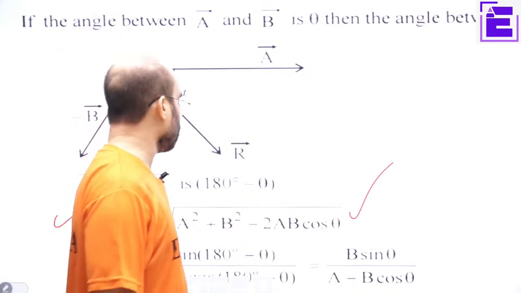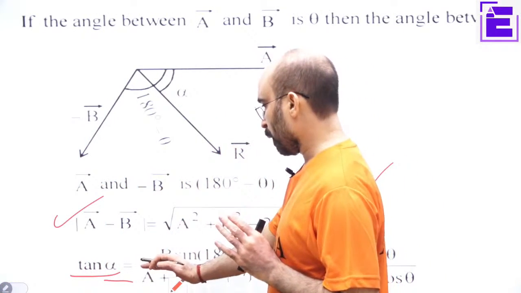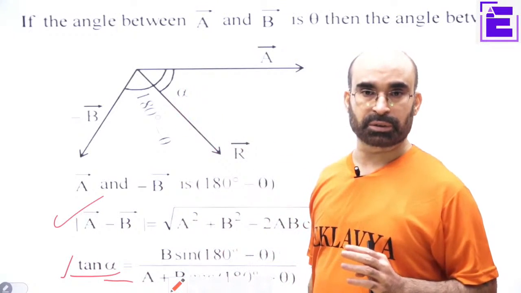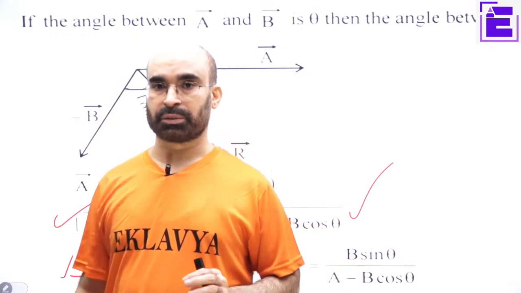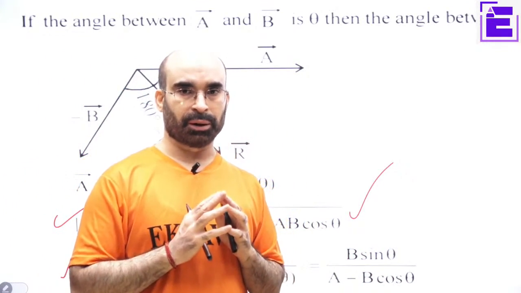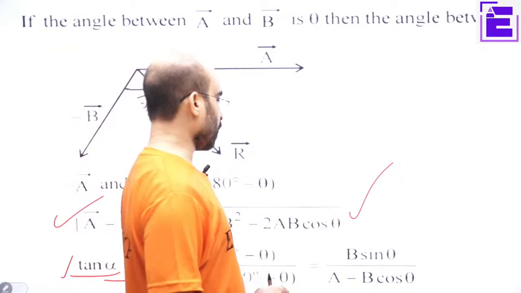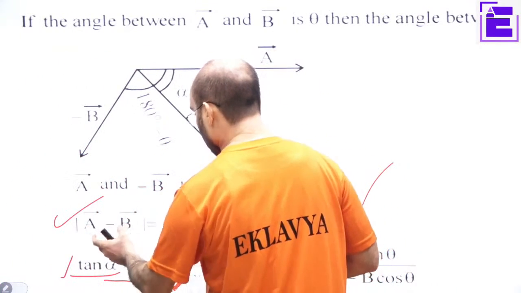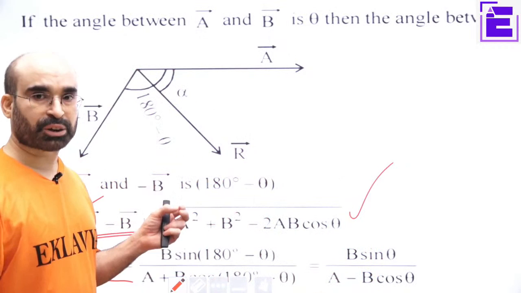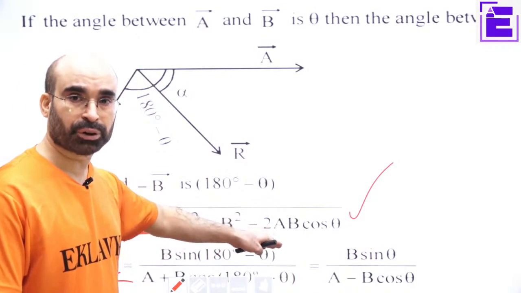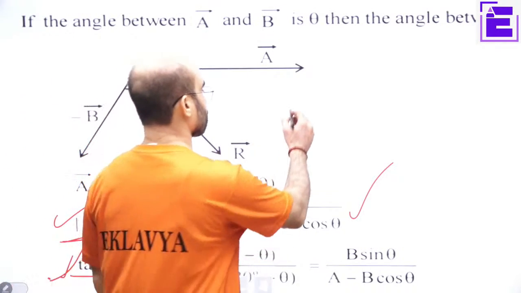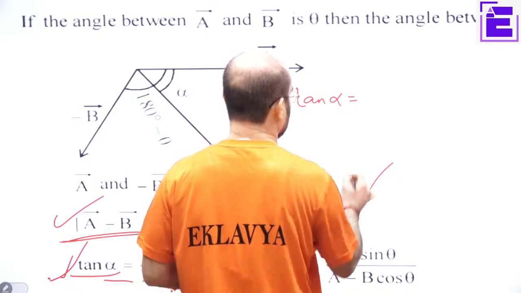So just note down the magnitude and direction of the resultant vector when you add two vectors, that is, vector A and minus of the other vector. The magnitude of the subtraction of vectors would be this, which we have already found. And the direction would be this, tan alpha.